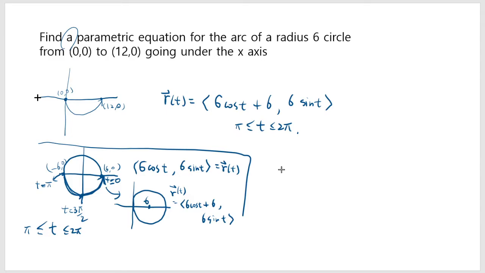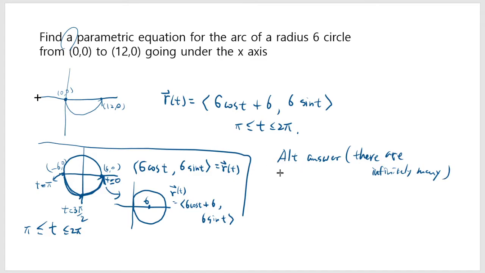Another thing you can do is, rather than using cosine and sine, you can also use sine and cosine. So alternatively, alt answer, okay, there are infinitely many, because you can change the speed, okay?